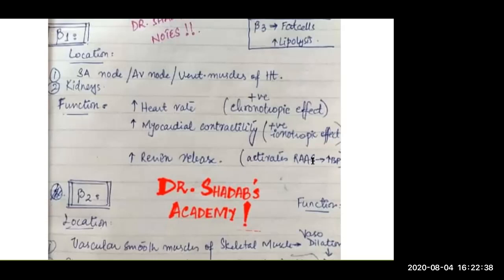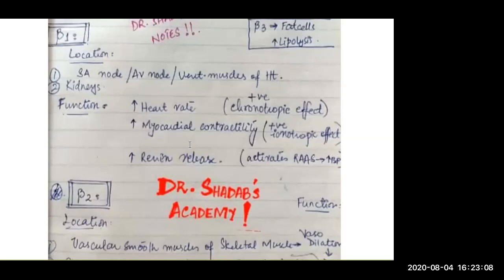In cardiac physiology, I will be teaching you the RAS system, how it works. For now, in pharmacology, you have to remember that this renin, angiotensin, aldosterone system is activated, and the end result of it is basically angiotensin 2.